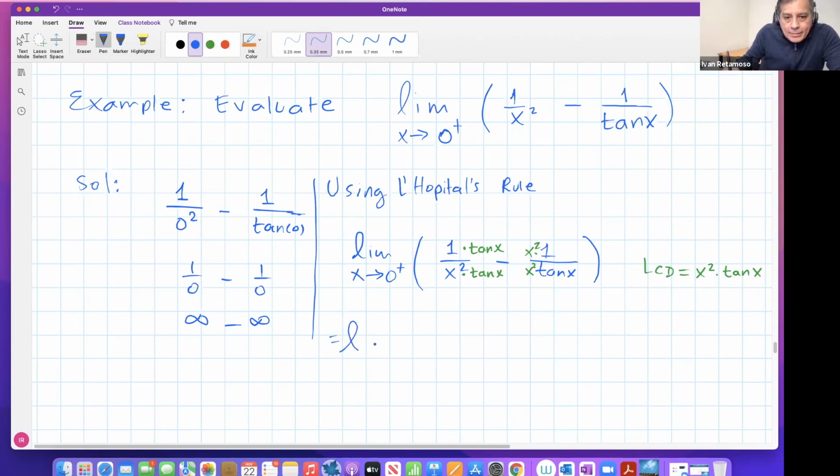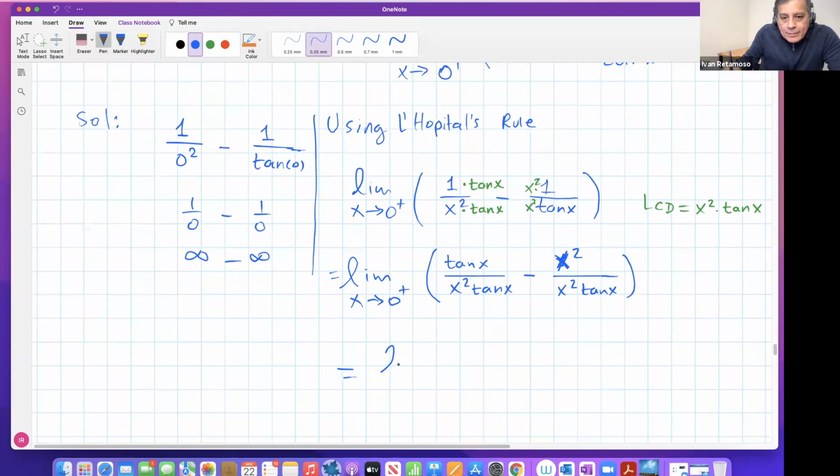So this will become the limit as x approaches 0 from the right of tangent of x over x squared tangent of x, minus 1 times x squared over x squared tangent of x. It's just algebra here. And this becomes the following.